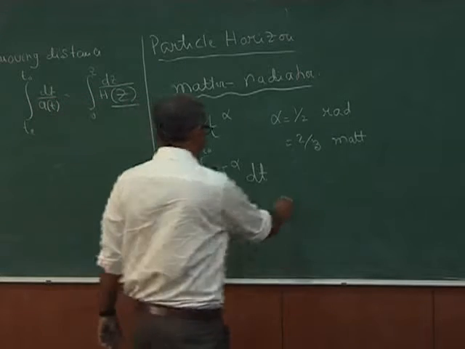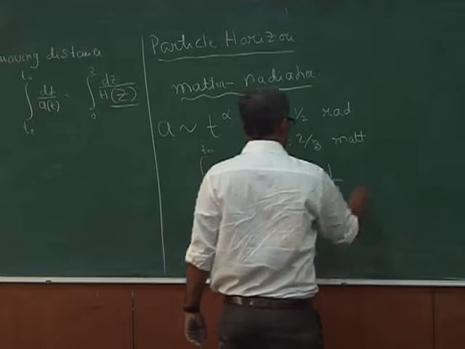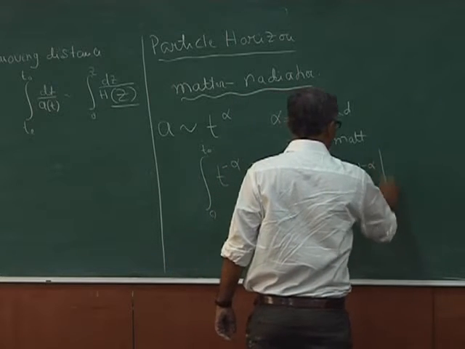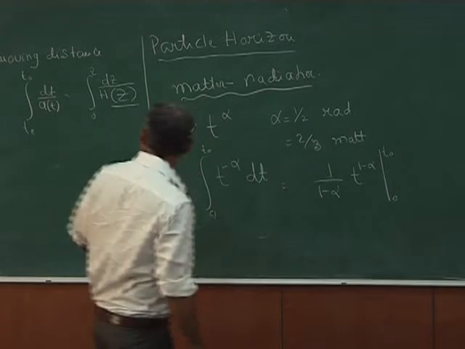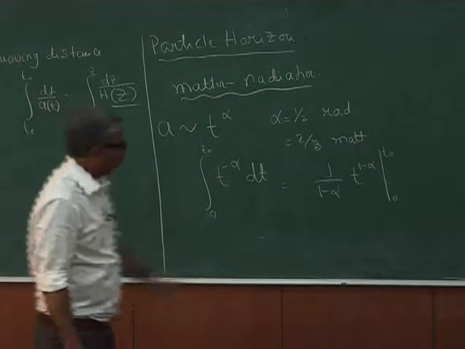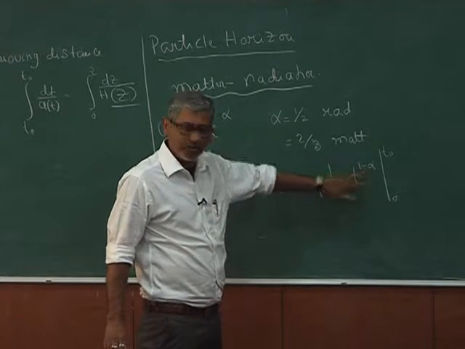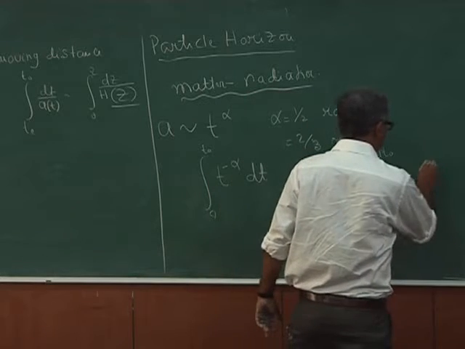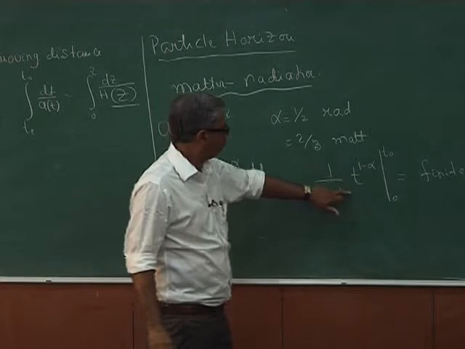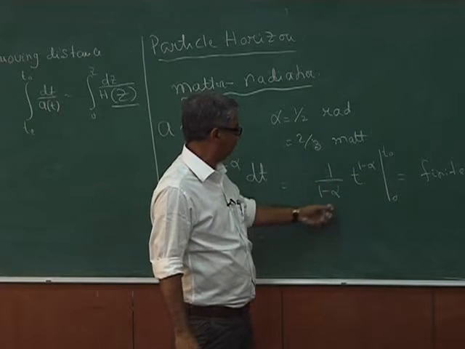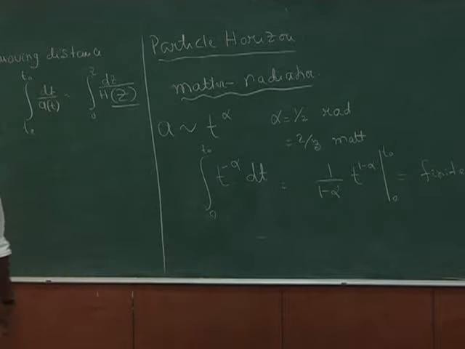Okay, so what I have over here is 1 by 1 minus alpha, t to the power 1 minus alpha, from 0 to t naught, okay, this integration I am doing, and because alpha is smaller than 1, this is always positive, so this will give you a finite value, fine. At t equal to 0 this will be 0, at t equal to t naught this is 1 by 1 minus alpha, t naught to the power 1 minus alpha. Fine. So this is a finite value, finite number, fine.